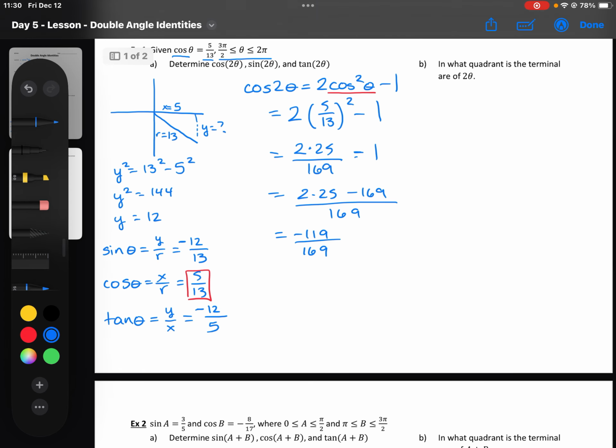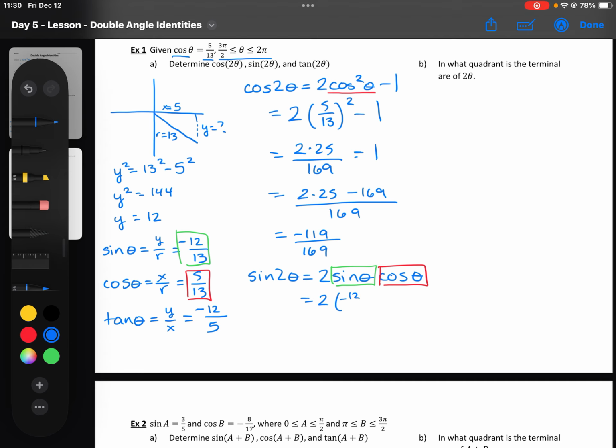I'm going to repeat the same process for sine 2 theta and tan 2 theta. So sine 2 theta is 2 sine theta cos theta. I'm going to replace sine theta and cos theta with the values of the ratios that I found initially.